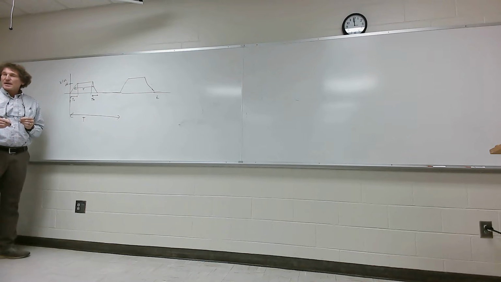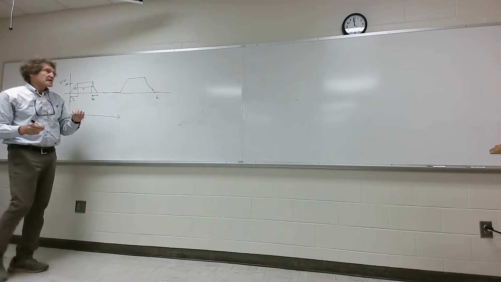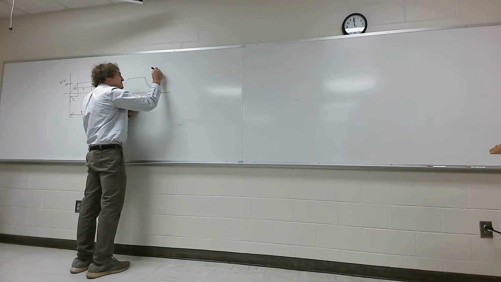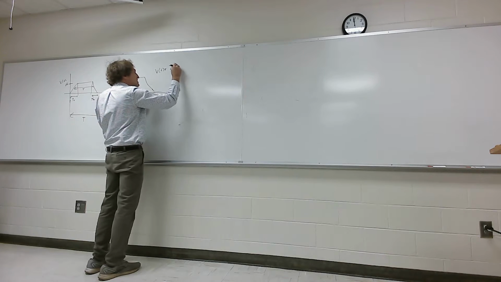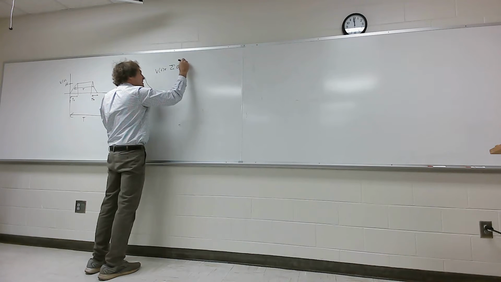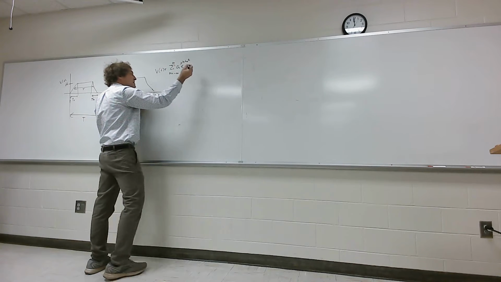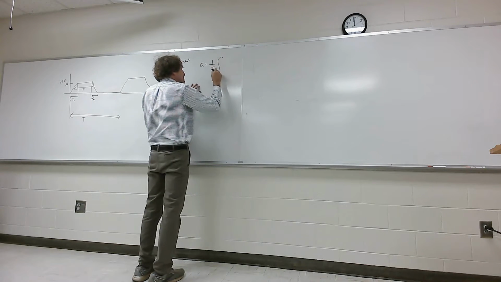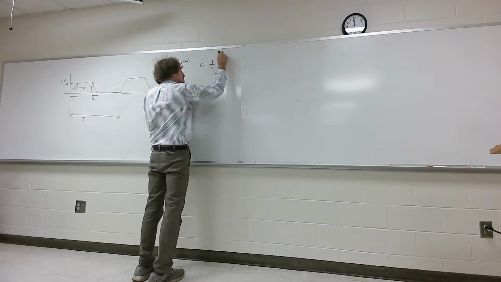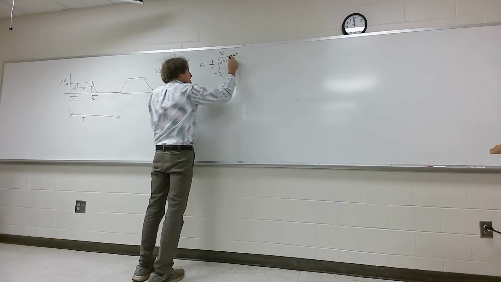That's where we started. Because this waveform is periodic, it can be represented as a Fourier series, a summation of C of n e to the j n omega naught t from n equals minus infinity to infinity, where C of n is equal to 1 over the period times the integral from minus T over 2 to T over 2 of the waveform v of t e to the minus j n omega naught t dt.